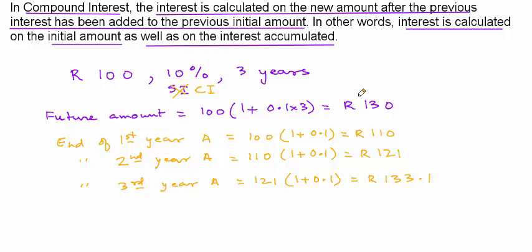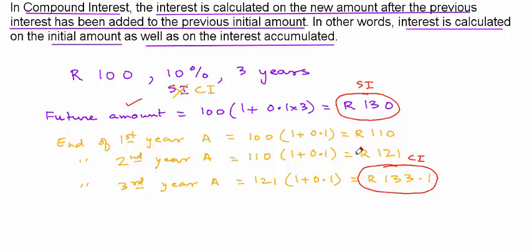Now if you compare this, the final amount under simple interest, with the same rate of interest, the same initial investment, the same time period, and this, the amount for the compound interest, this is always going to be more after the first year, because after the first year the interest is calculated on the initial amount as well as on the interest.